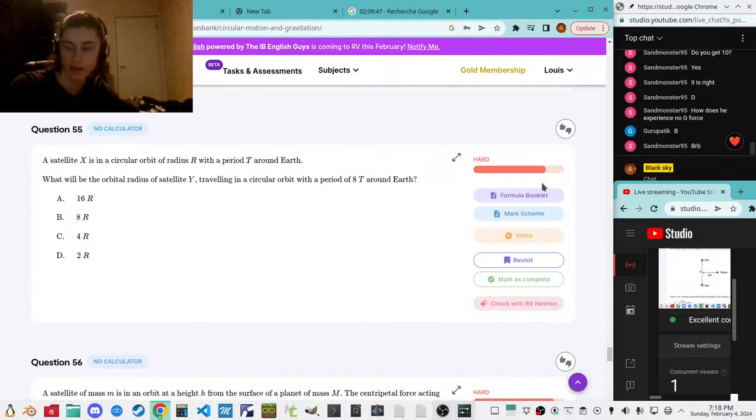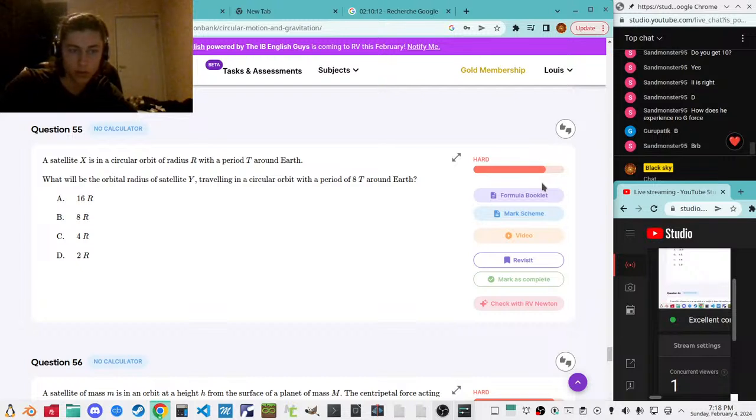Okay, where were we? A satellite X is in a circular orbit. Let's draw that. Satellite X is in a circular orbit of radius r with a time period T around the Earth.